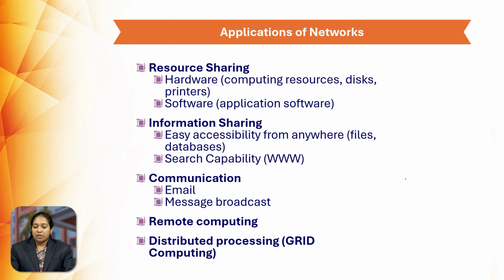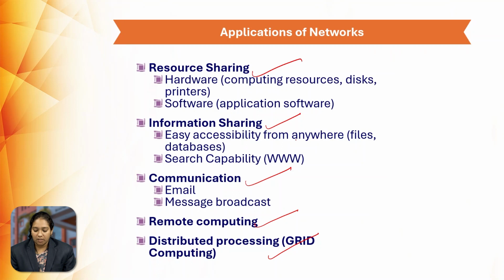And next one, coming to the applications of networks. The main applications of computer networks are resource sharing, information sharing, communication, remote computing, distributed processing, grid computing. In resource sharing, it contains hardware, computing resources, disks, printers, and software, using system software or application software.